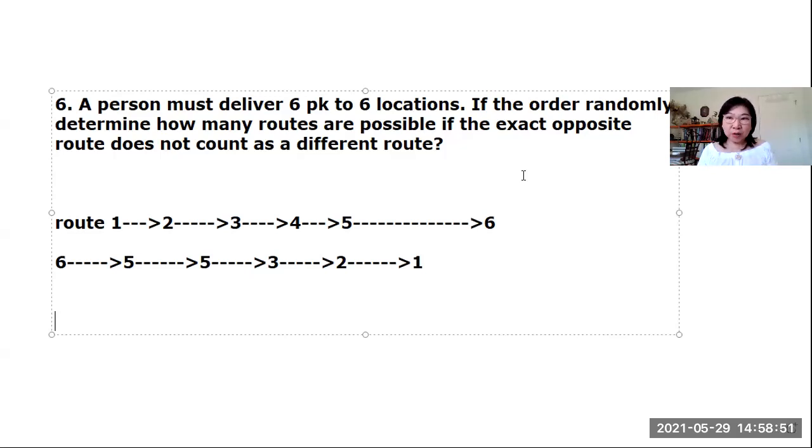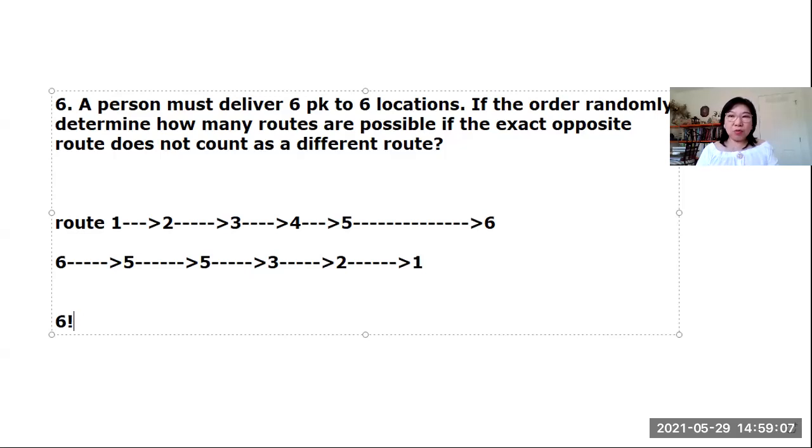So the order is important in this case, and it must be a permutation problem, which is 6 factorial, right? Because you have 6 routes to count. 6 factorial.